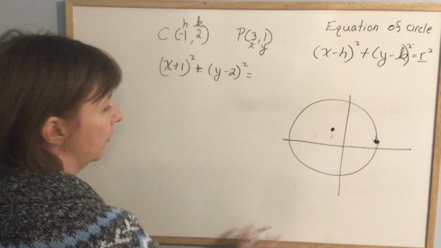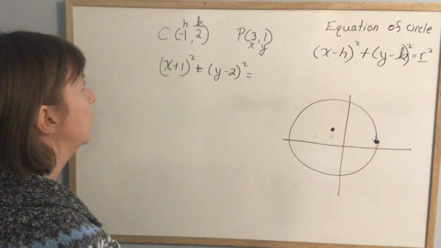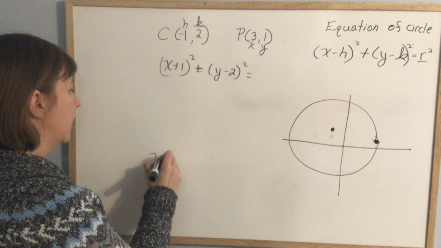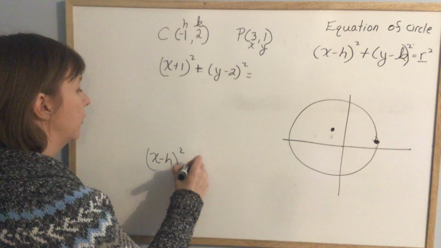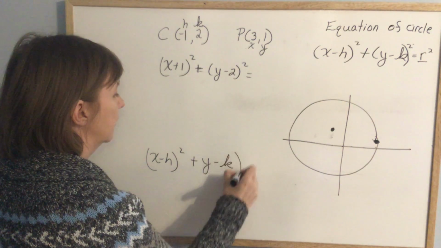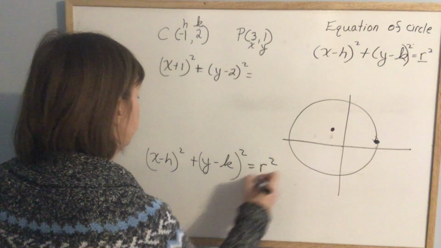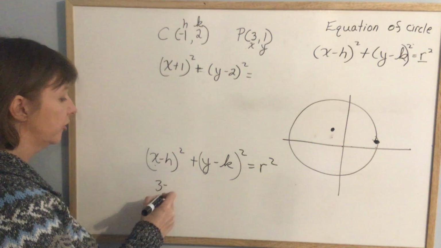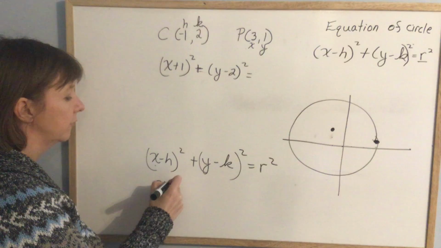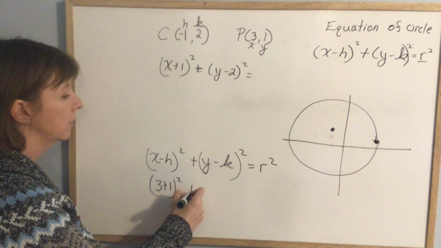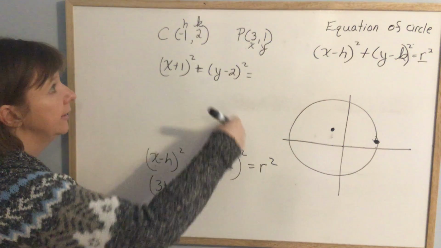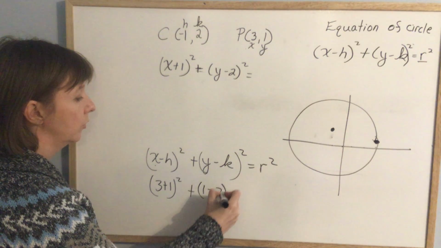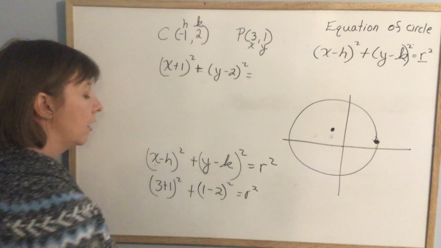So down here, somewhere else, if this is h and this is k, and this is x and this is y, and the formula is this, my x is 3, my h is negative 1, so 3 minus negative 1 means 3 plus 1 squared, plus my y is 1, minus my k, which is 2 squared, and that all equals r squared.